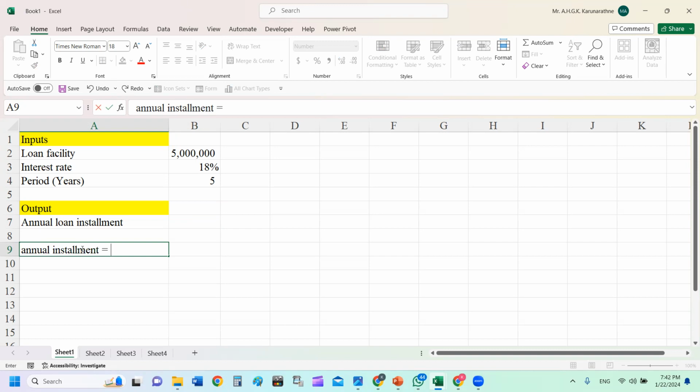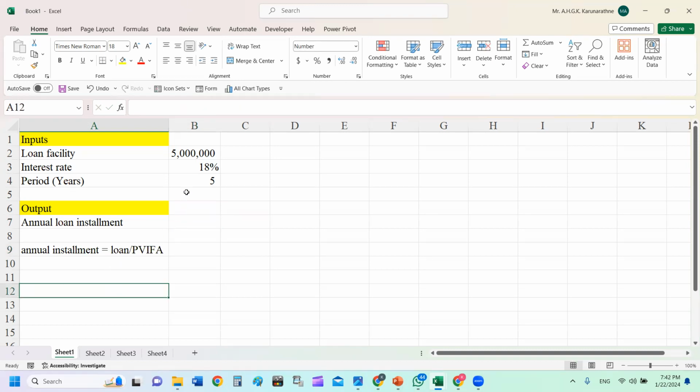If you are going to do it manually, the loan amount should be divided by the present value interest factor annuity. Can you determine the present value interest factor annuity? Yes. To determine it, you only need to know the interest rate and the year: N and R. If you have R and N, you can find the interest factor annuity.